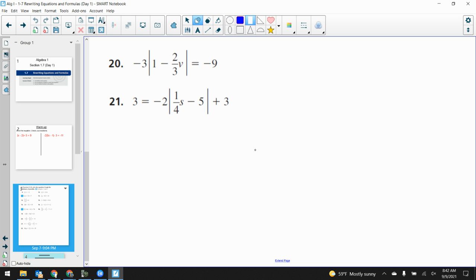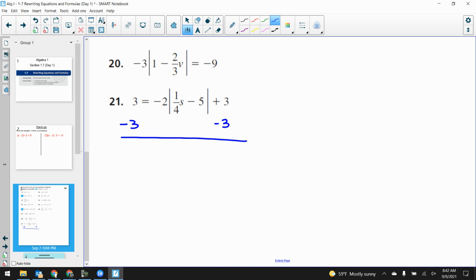Here is question 21. Now, this one is weird for one reason. What happens when I subtract the 3 from both sides? It goes away. That's true. But it goes away on both sides, doesn't it?